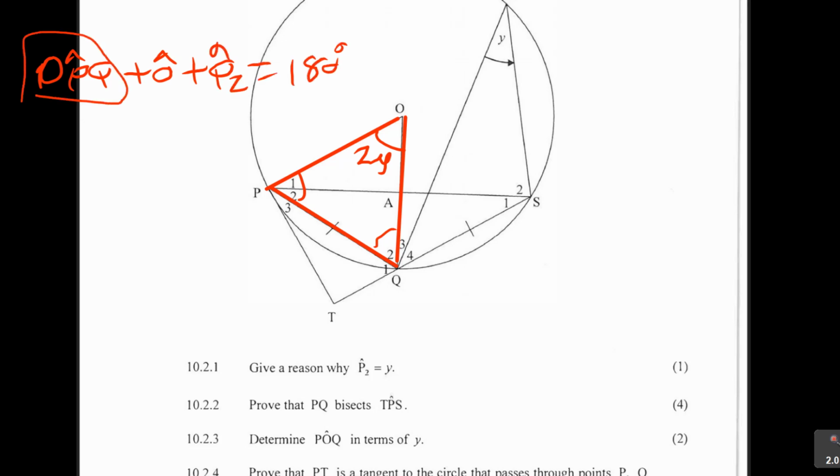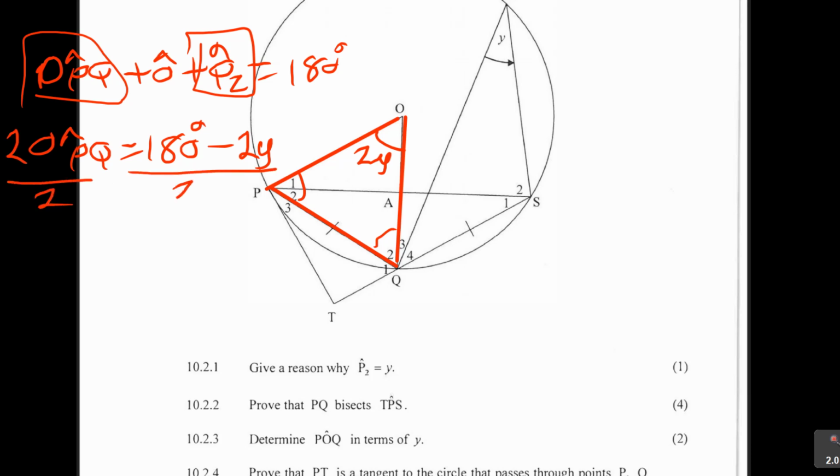So I can just focus on this one to say, what is this angle PQ? It is equal to 180 degrees minus O, which is 2y. But we know that these two are equal, so it's 2 times that. Then you divide by 2, and you're going to say that angle OPQ is equal to 90 minus y, because 2 will divide that to give you 90, and 2 will divide that to give you y.